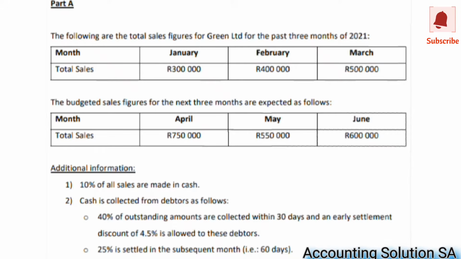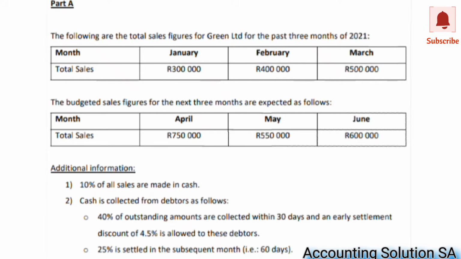Additional information, number one: they say 10% of all sales are made in cash, which means that 10% they sold for cash. The other 90% is on credit.